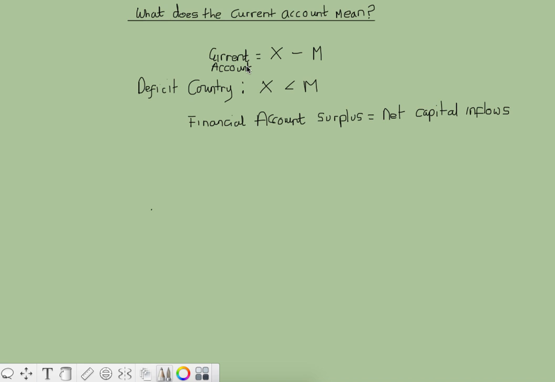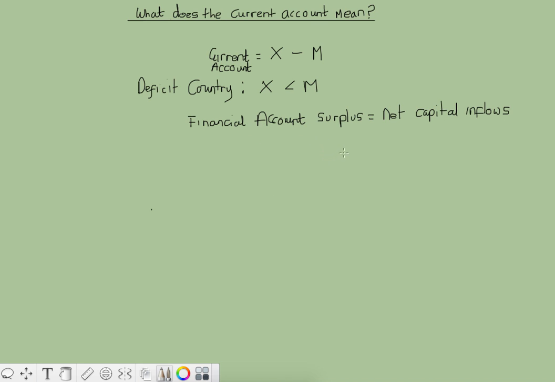But what's going to happen? Well, one possibility is that foreigners decide to take the $2 billion extra that they earned on selling goods to the United States, that they have left over after they've bought the goods they want from the United States, and they can buy US financial assets. So this is where you get the surplus.